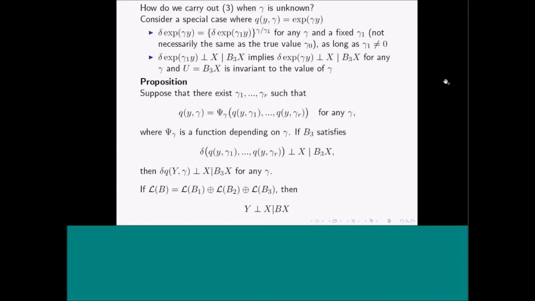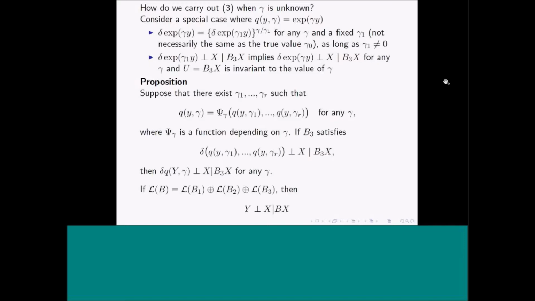Fortunately, there is some kind of shortcut. Let's take an example. Suppose that this Q(Y, gamma) is equal to the exponential of gamma times Y, and that one is actually a model proposed in King and Yu, and that's a very common assumption for this kind of model.